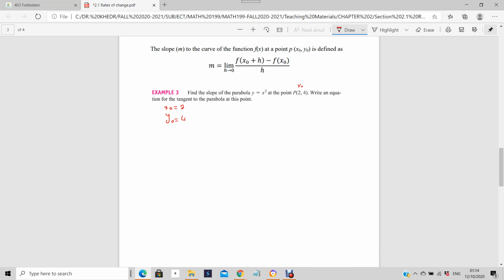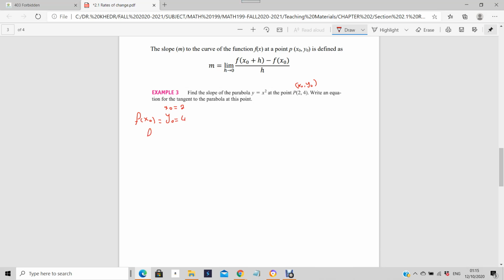Because we are going to use this definition, we have x0 and y0, where y0 is f of x0, the value of the function at x0. So we need to replace these here for x0 and f of x0. And h, we'll keep it as it is. So this is the f of x0 we needed.